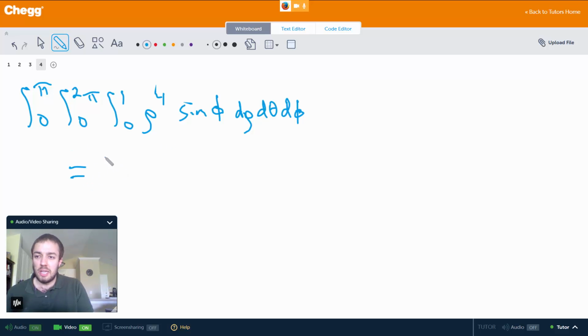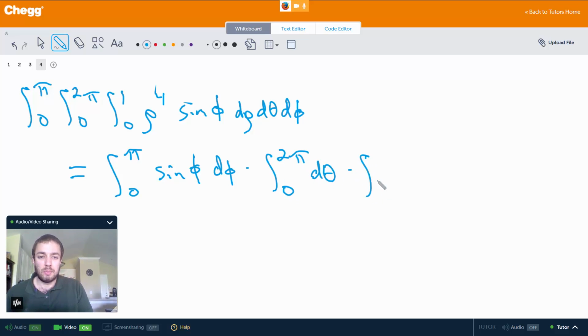So this is actually equal to the integral from 0 to pi of sine of phi d phi times the integral from 0 to 2 pi of just d theta, and then times the integral from 0 to 1 of rho to the 4th d rho.